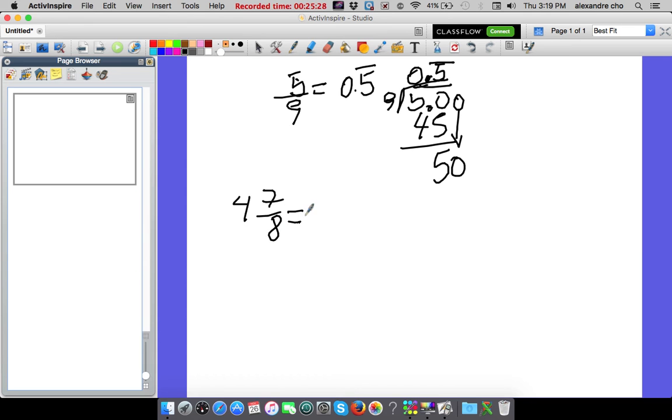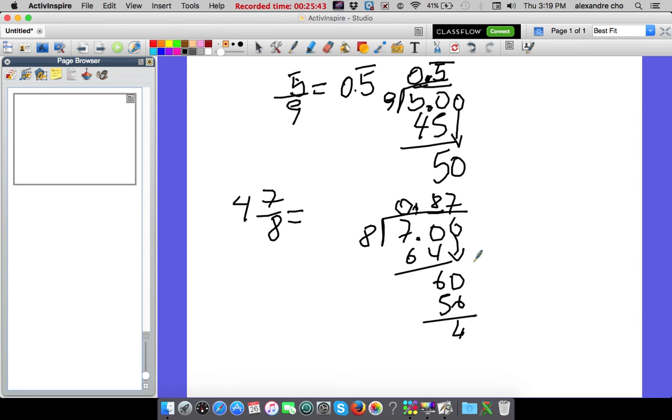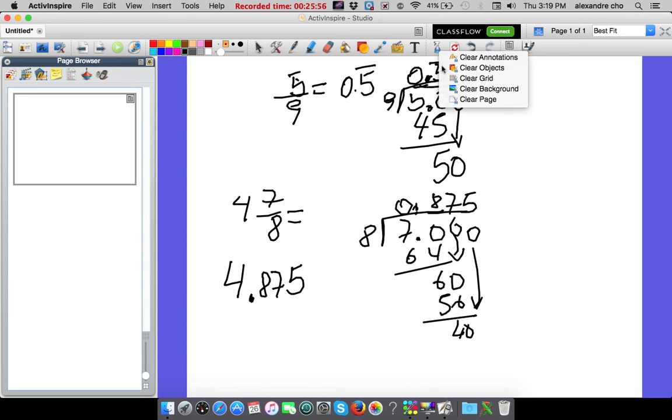Ugh. 7 divided by 8. 8 goes into 70 8 times, 64. 6, 0, bring it down, 7 times, 56, 4, bring another 0 down, there, 5. 4 and 7/8 is the same thing as 4, and the decimal equivalent of 7/8 is 0.875.